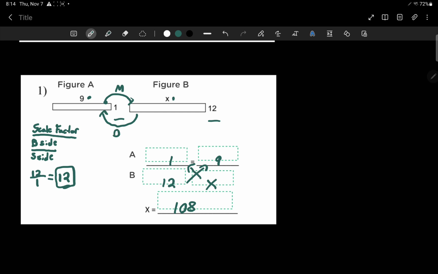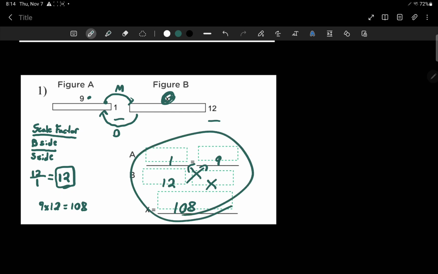And this is how it works. So for example, I'm looking for this 12 or this x right here. So I have to go from 9 over here to the bigger one. So I would have to multiply my scale factor to that. So I would go ahead and grab 9, multiply by 12, and that would give me 108. Same thing as the proportion side.